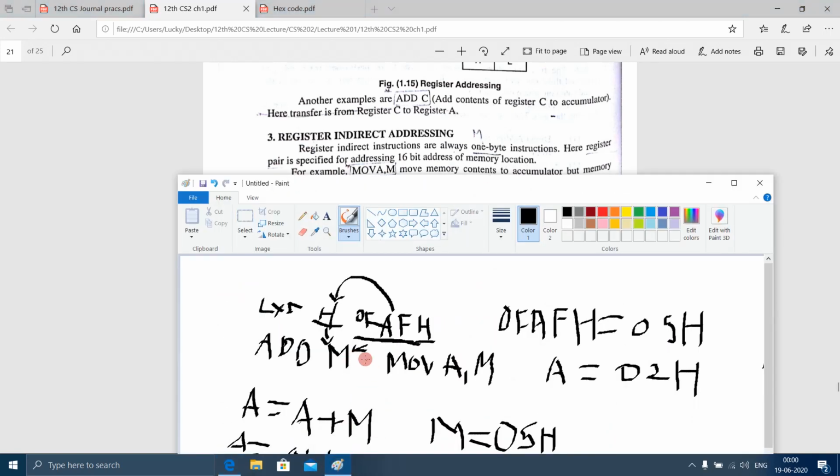So M was 05, and the contents of memory M will be moved into the accumulator. So A will become 05, because the contents of memory will be copied into the accumulator. HL is pointing to the memory location, so the contents at this memory location will be moved into A.